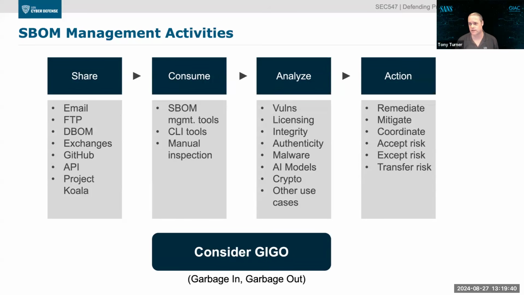For instance, we've got the OSV scanner from the fine folks at Google, which is a really great tool where you can ingest an SBOM and identify not only vulnerabilities, but other malicious capabilities and malware that's sourced from Google's OSV database, which is another vulnerability database that focuses on open source vulnerability information, right?